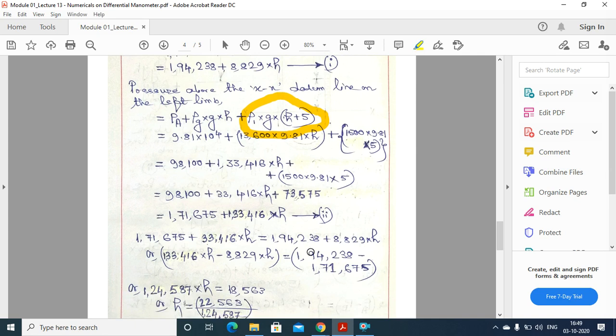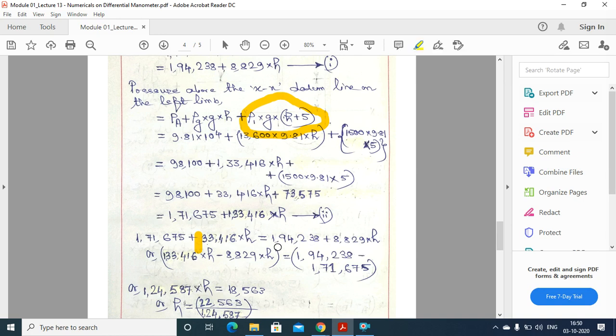So if we equate the equation number 1 and equation number 2, then we will get that 1,71,675 plus 1,33,416 into h is equals to 1,94,238 plus 8,829 into small h.